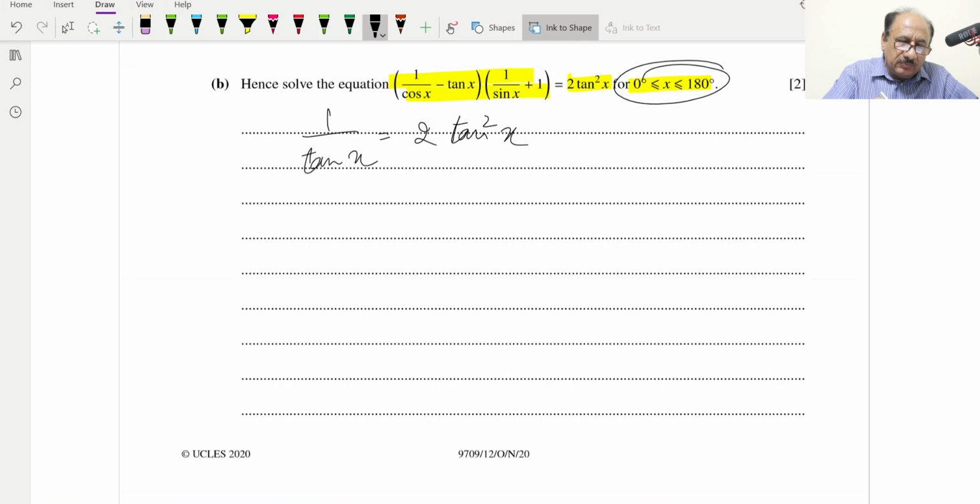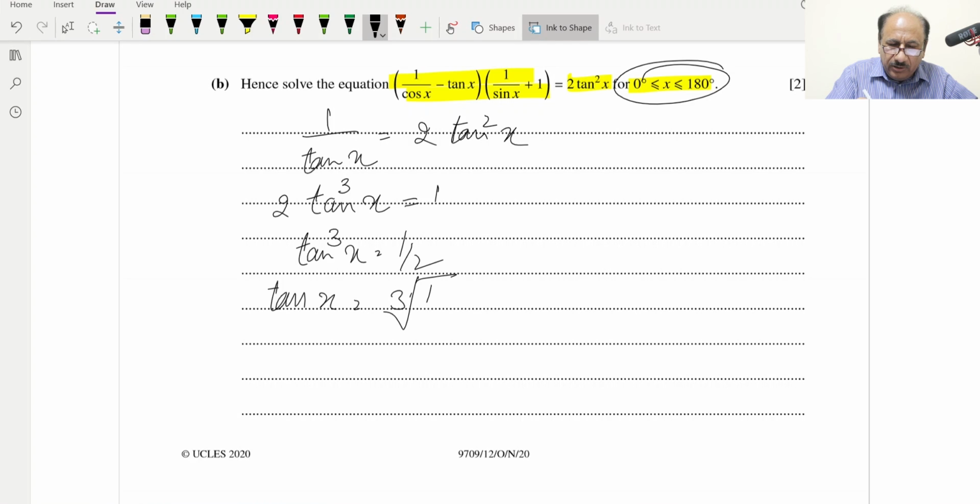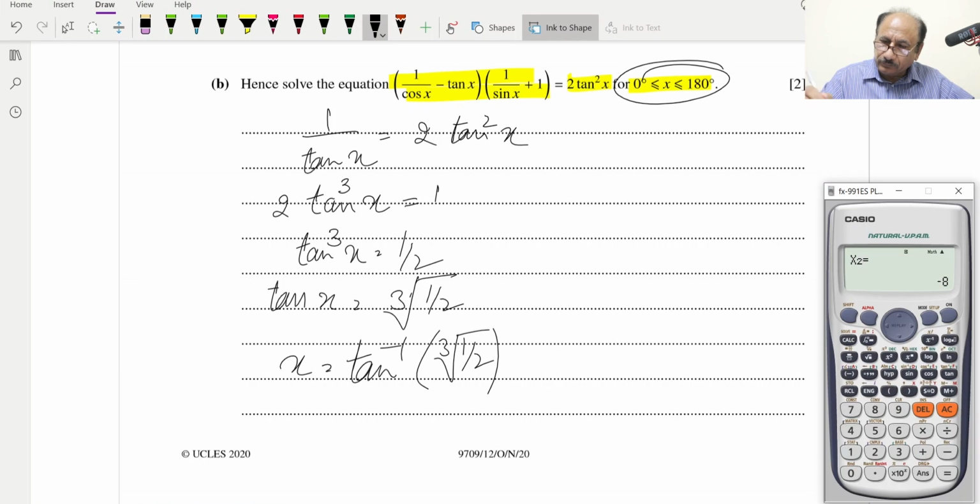So we can cross multiply, so it will be 2 tan cube x is equal to 1. So tan cube x will be equal to 1 by 2. So we can write it as tan x will be equal to cube root of 1 by 2, and x will be equal to tan inverse of cube root of 1 by 2, and we can find this.